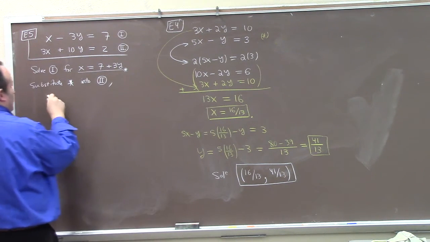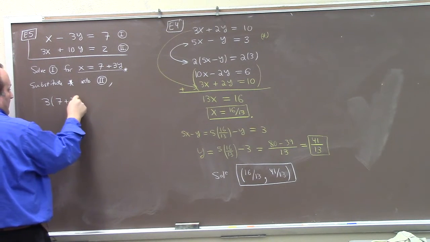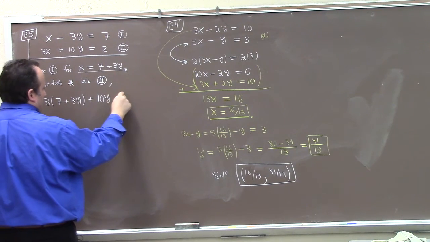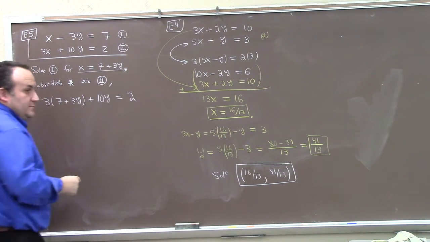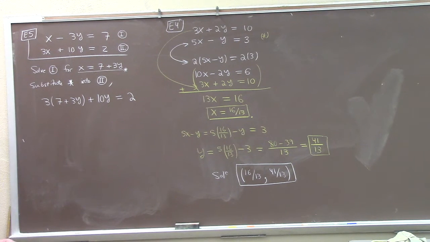And that gives us 3 times (7 plus 3y) plus 10y is equal to 2. That's a good thing, because now we've got one equation and one unknown. And we can solve those all day long.